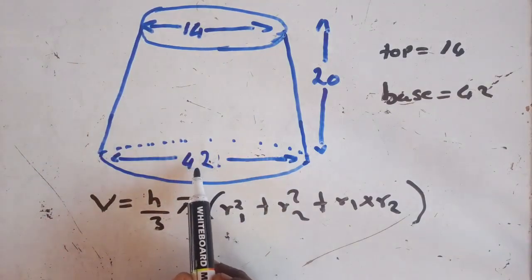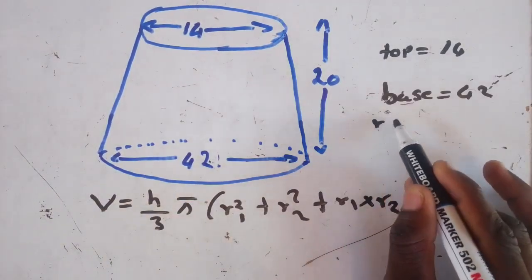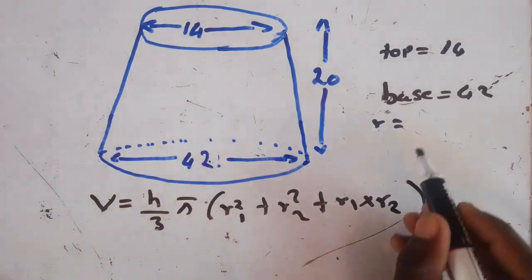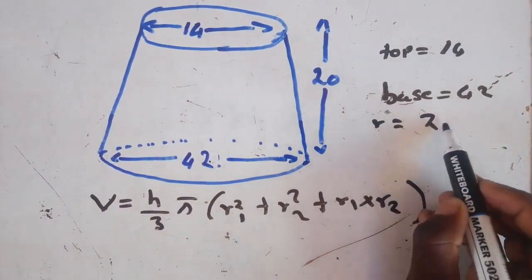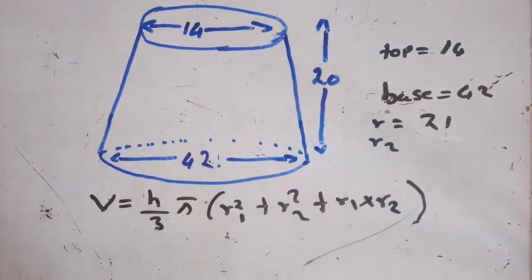So radius 1 is 42 divided by 2, which is 21, and radius 2, from here up to here, is 14 divided by 2, which gives you 7. So when you divide the diameter by 2, it gives you the radius. Okay, so let's now proceed.